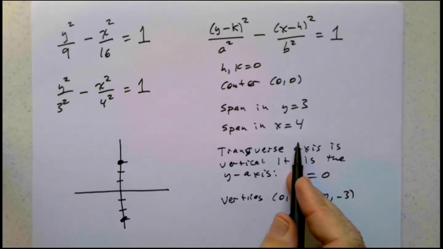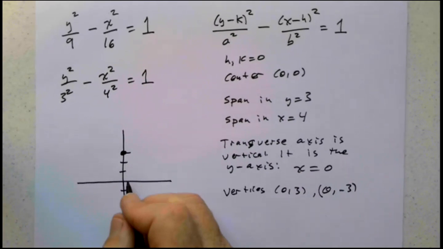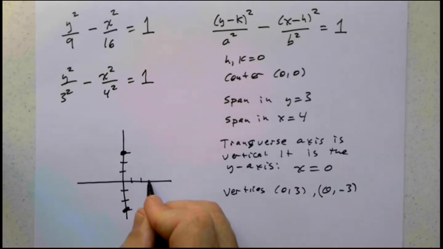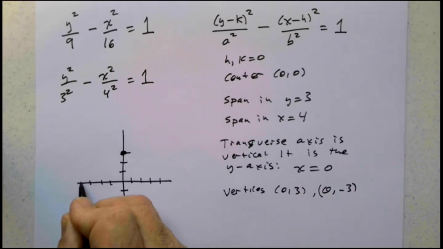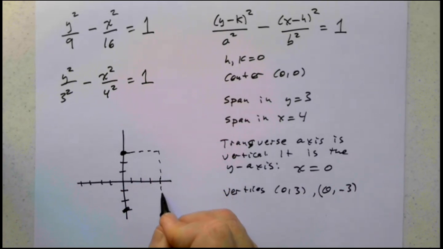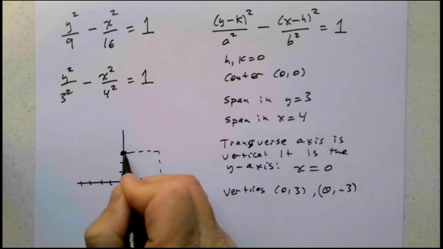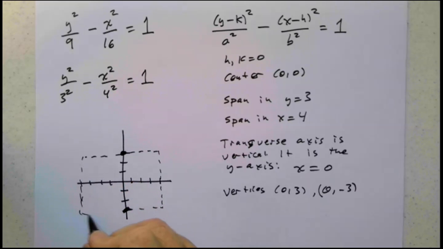Now the span in x is 4. That will help us define our asymptotes. So we go over 4, 1, 2, 3, 4, and we create a box. And the asymptotes go through the corner of the box. So from the center, we go up 3 and we go over 4.